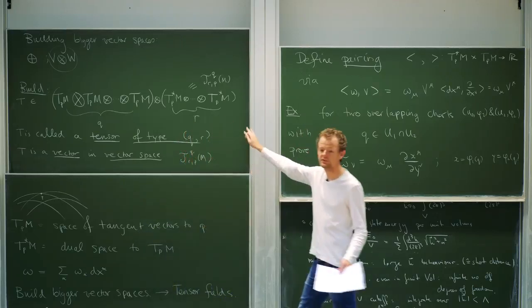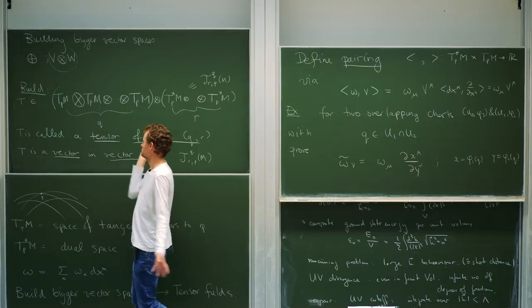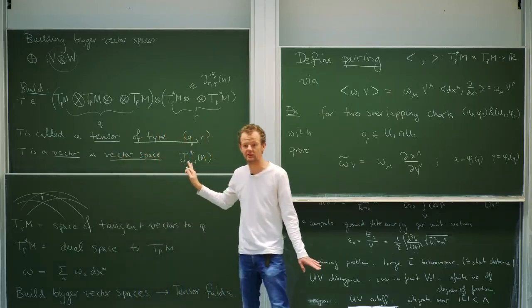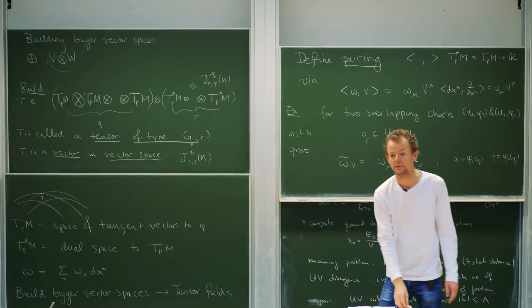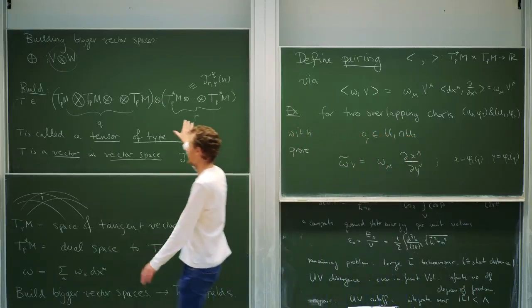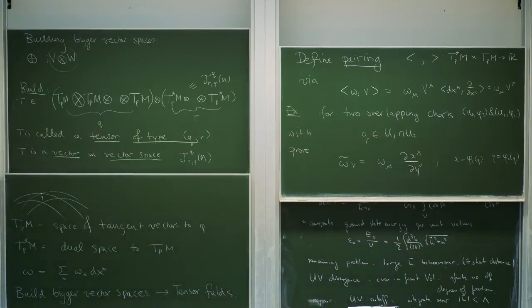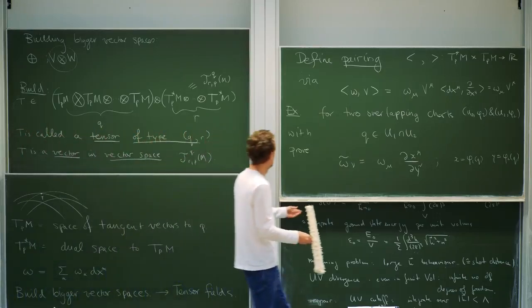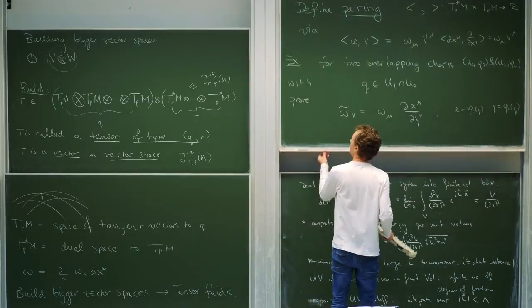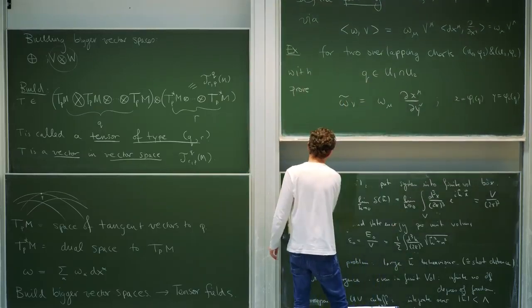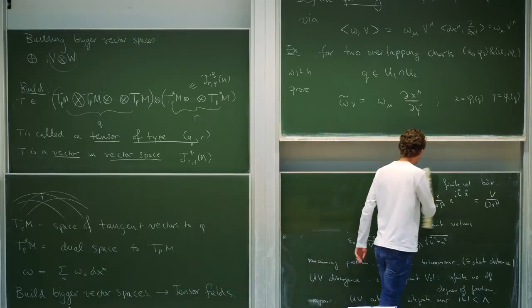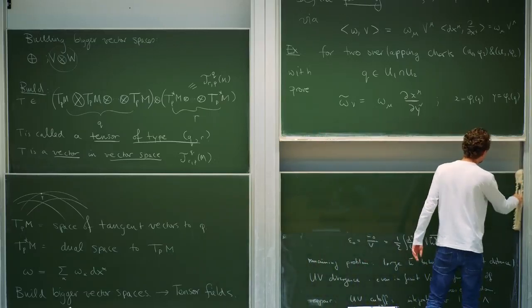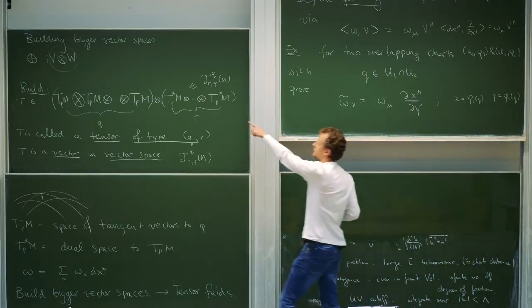So if you just take an element of this huge vector space here, then it's a vector in some vector space. That's all we can say at this point. However, it's not just a vector in a vector space. There's more structure there that we've built in, and that is the multilinear structure of this vector space here.